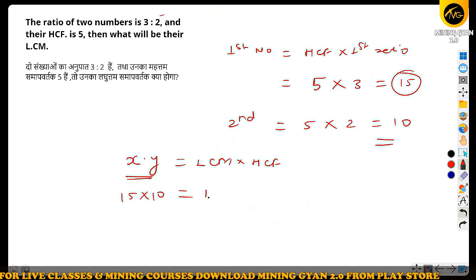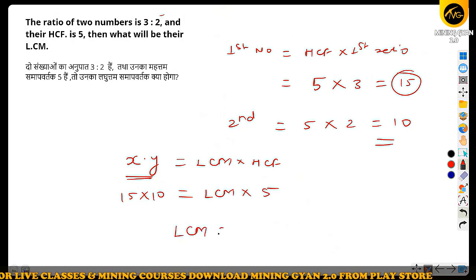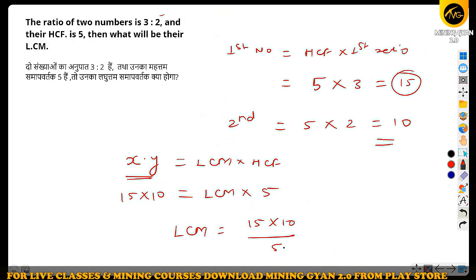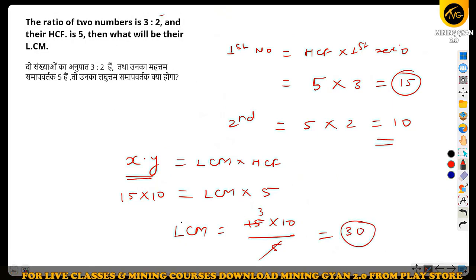We have to find out the LCM, and we have the HCF, that is 5. Now LCM is equal to 15 into 10 divided by 5. That means 5 threes are 15, and this is 30. So in this case, what is the LCM? LCM is 30. That is the answer.